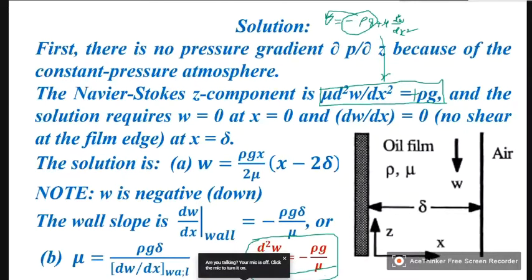Whereas here, we have to write 0 is equal to, now our direction is this one in the earlier problem.